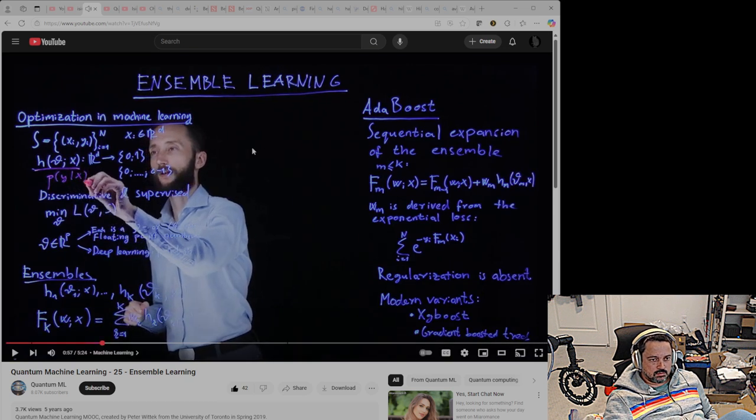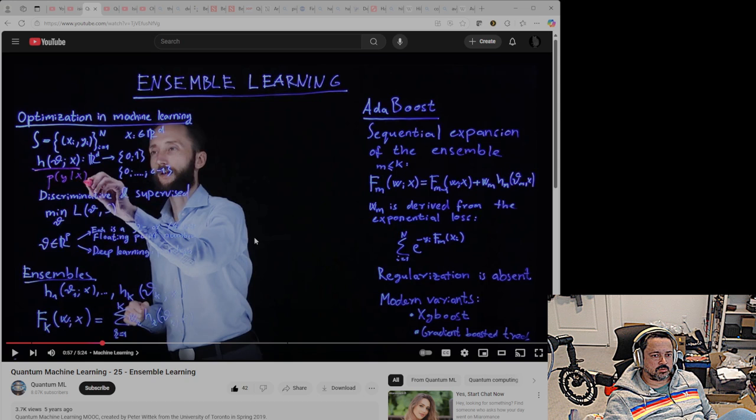So, ensemble learning, optimization in machine learning. X is... can't read that. S is xi. Coordinates, perhaps.